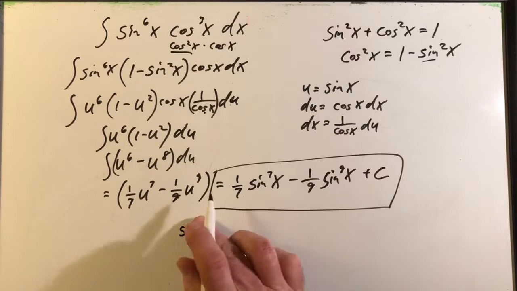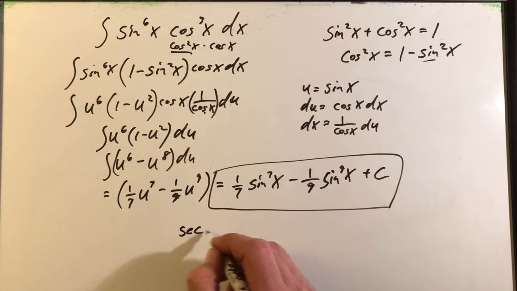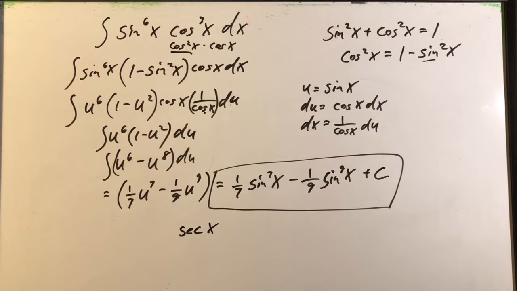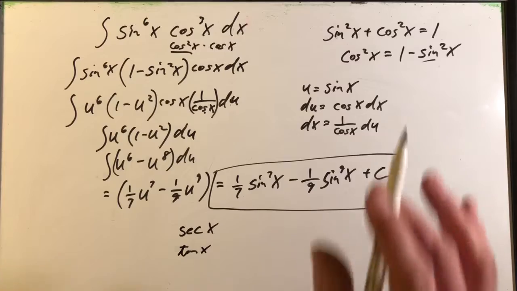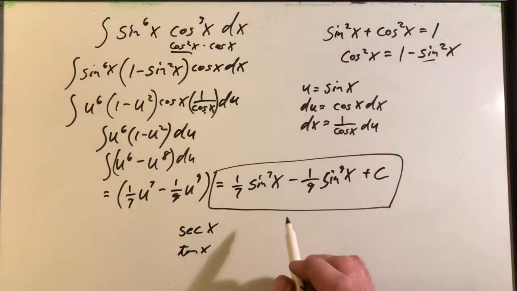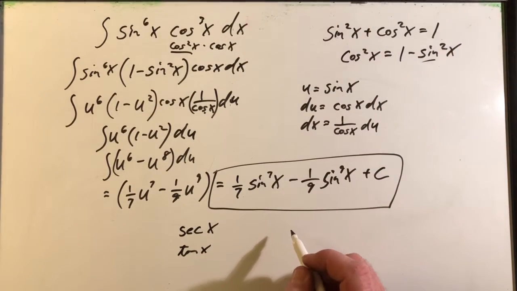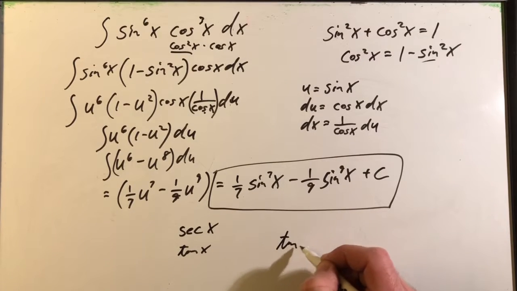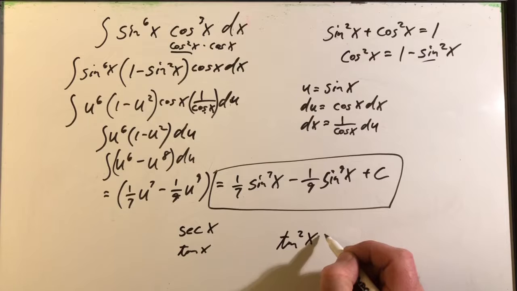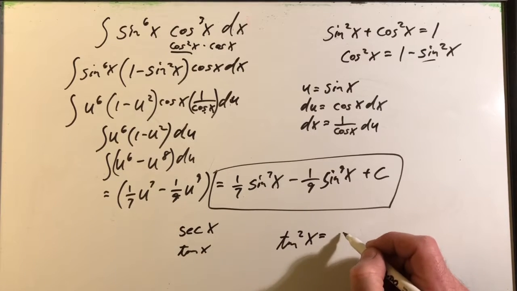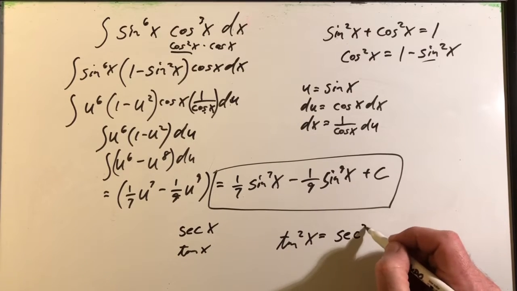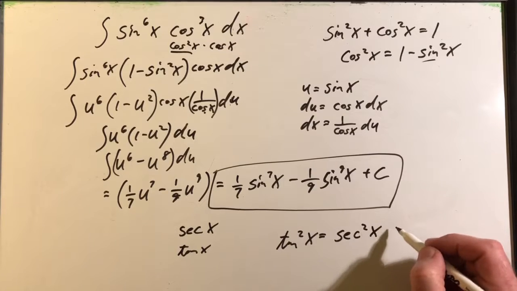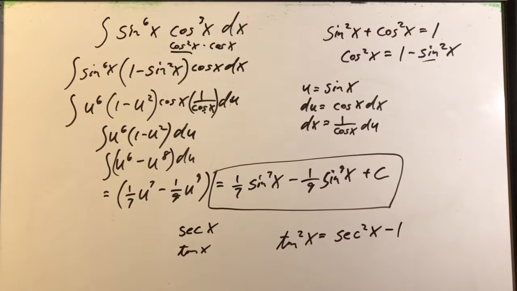So also keeping in mind, if you have a secant x or combination with tangent, you can also use the equation where tangent squared x equals secant squared x minus 1.